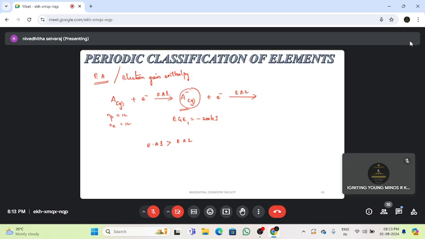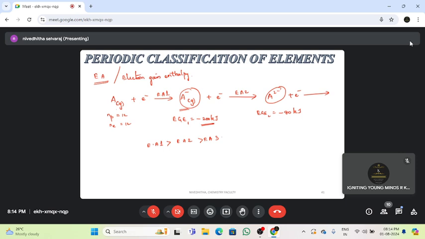Sometimes energy may be released in some cases, but definitely the energy released will be lesser than in the first case. Electron gain enthalpy may be minus 80, because here electron affinity is less. Now to this anion I'm adding one more electron, which is very, very difficult. So the third electron affinity will be very much less.